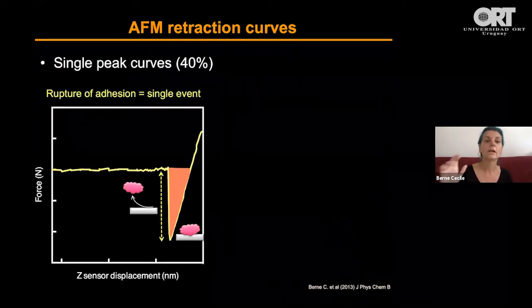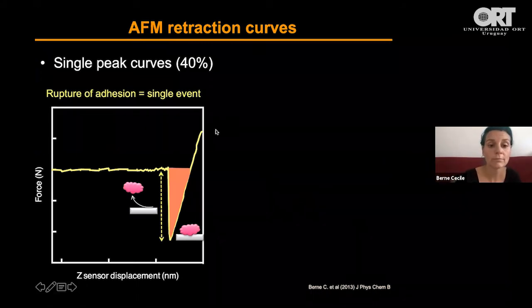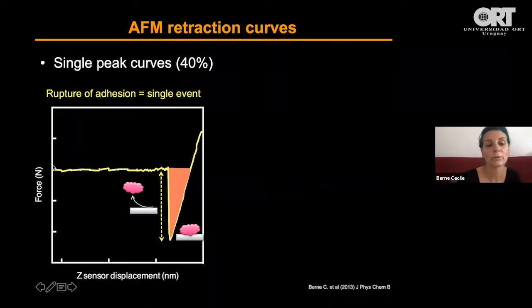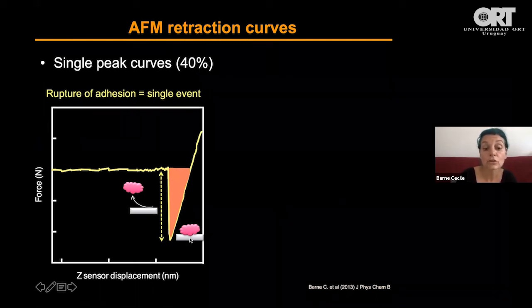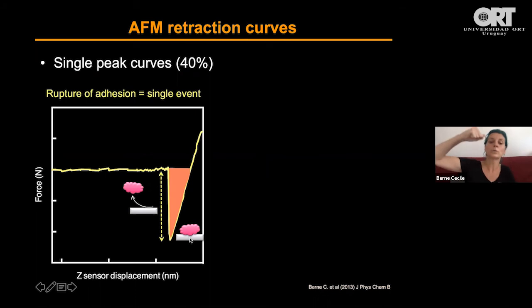So if you remember the little cartoon I showed you before, where the retraction curves were looking like that, here we've got our work of adhesion, our maximal force. And actually in our case, only 40% of the curves look like that. And when it looks like that, it means that we just have one rupture event.